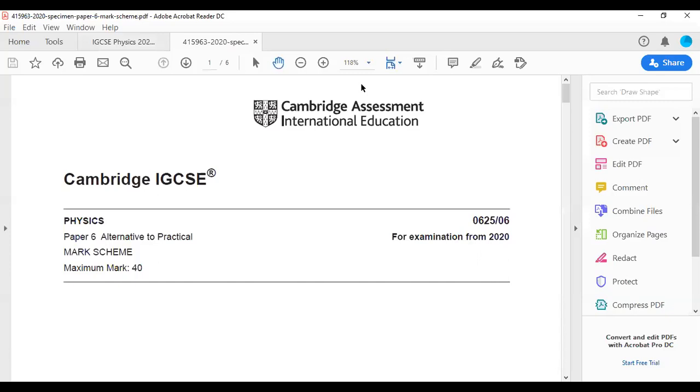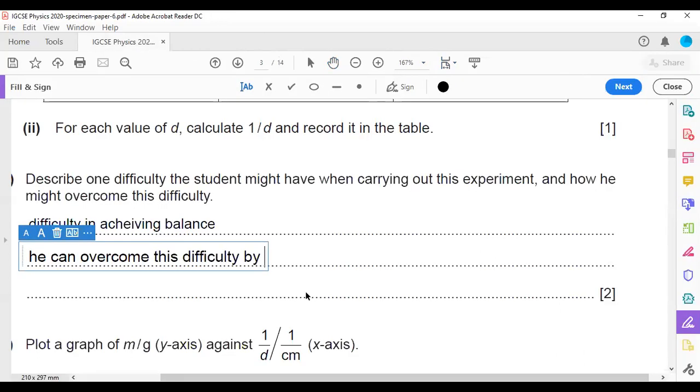Well, firstly, if it's difficulty and it's about balancing, you're going to find trouble getting it to balance. So he can overcome this difficulty by finding the average readings.